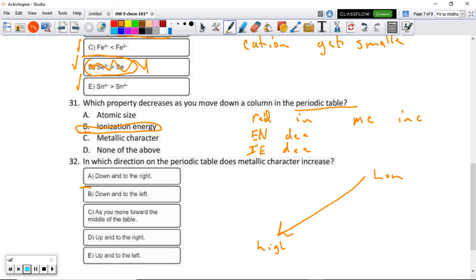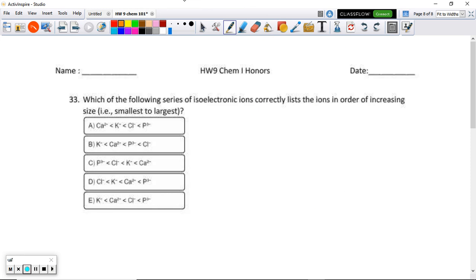So it increases as we go down and to the left. B. So that's number 32. And then the last question, number 33.